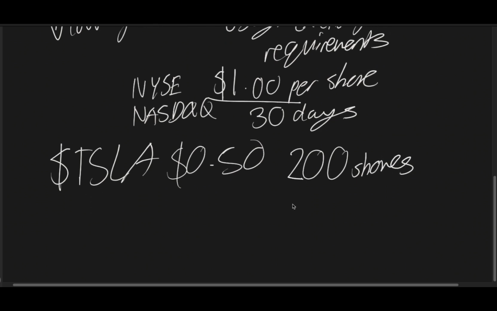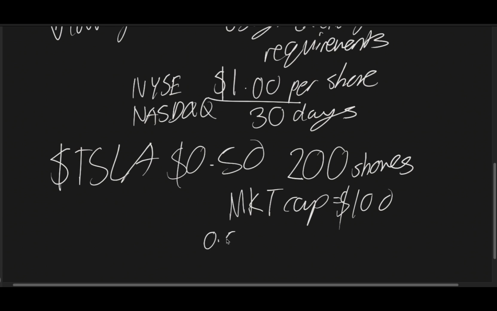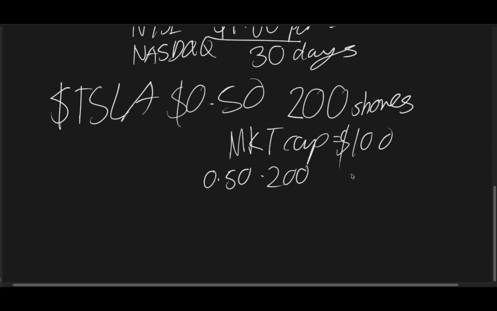So the market cap would be $100, because market cap is the price per share times the amount of shares. These shares are not just the ones that are being traded. These also include private equity shares, or shares that are not available through exchanges.